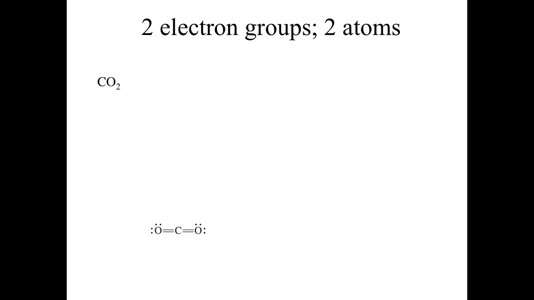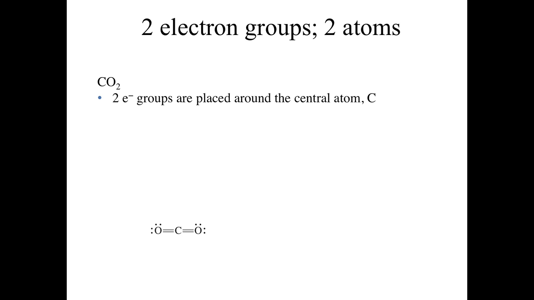From the previous lecture, we recall that as carbon dioxide, the Lewis structure looks like this, with a carbon in the center flanked on both sides by two oxygens, and the carbon has a double bond to each of those oxygens. So from this Lewis structure, we can determine how many electron groups are connected to the carbon. How many would you say? Counting electron groups for this carbon, there is one double bond with this oxygen and another double bond with the other oxygen. Two double bonds count for only two electron groups.